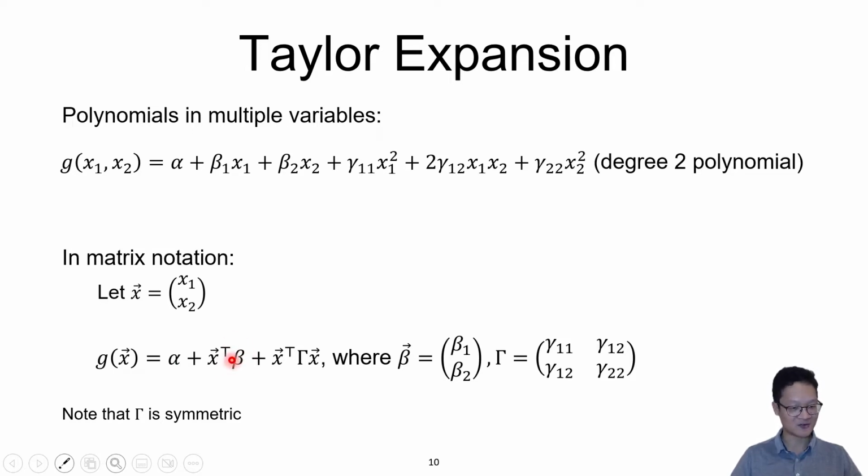I will fix that in the notes, so b should be a vector. Now it looks more similar to the scalar case, with only one linear term. There's also just one quadratic term, x transpose gamma x, where gamma is a symmetric matrix. If you multiply this out, you will get all the terms here.